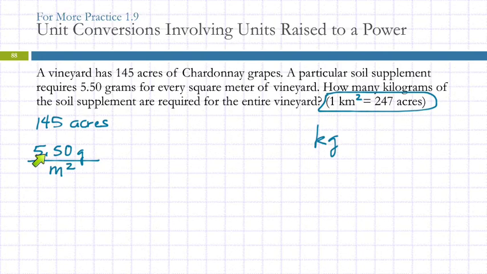This is most likely going to be a conversion factor that's just kind of hiding. Okay, so that's a conversion factor. So when you're not sure which one to start with, pick the one that has the simple unit. So I'm going to start with acres. And I'm going to go from acres to something, and I want to end up with kilograms.